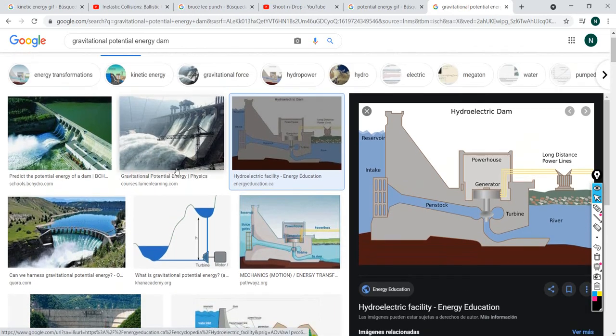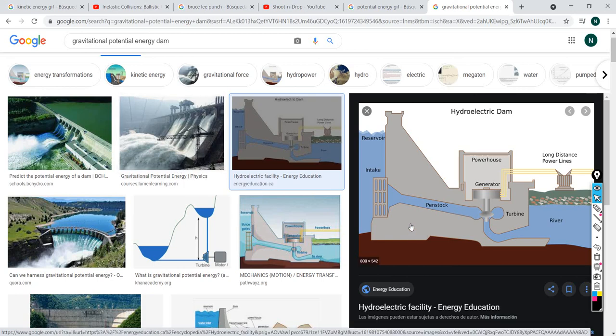Look, the water that's going to fall is at a certain height from this level. The same in any case. And therefore, since the water is at a certain height from the ground, we say that the water has gravitational potential energy, and we can release that energy when the water falls down.